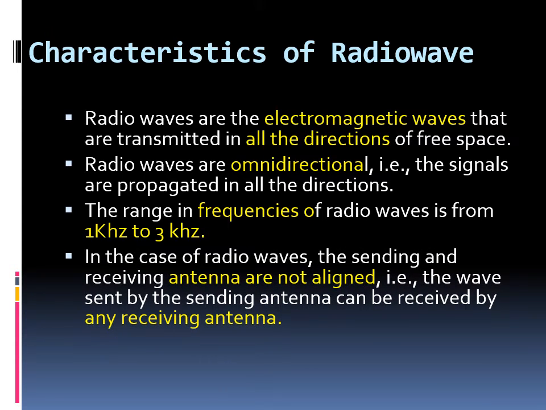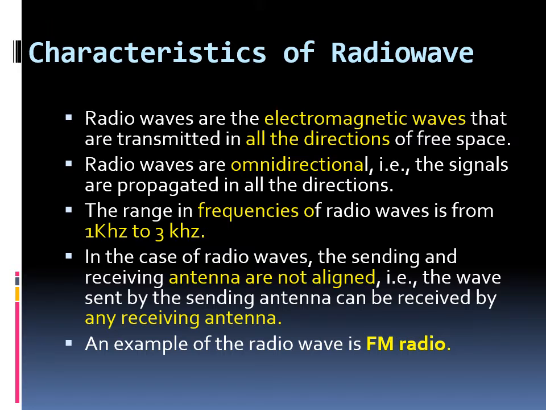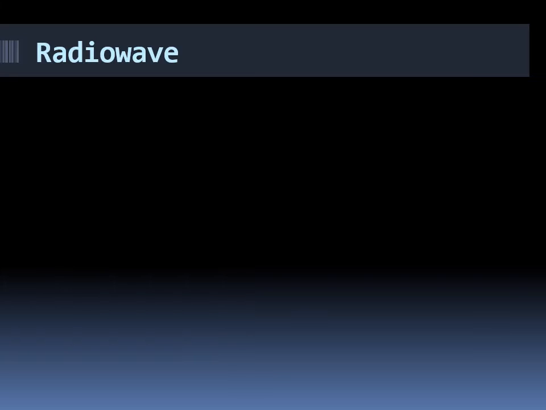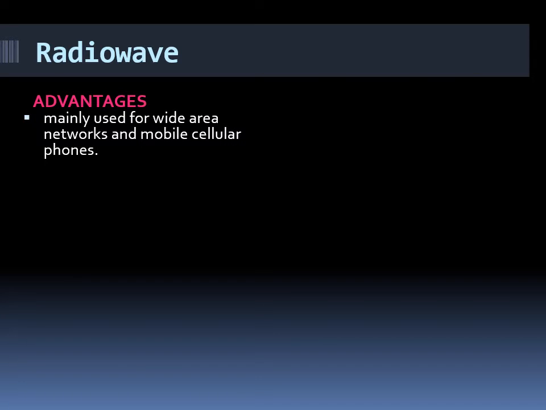In radio waves, if the sending and receiving antennas are not aligned properly, there is no problem. The wave sent by the sender is received by any receiving antenna. Advantages: it is mainly used for mobile cell phones and covers large areas.